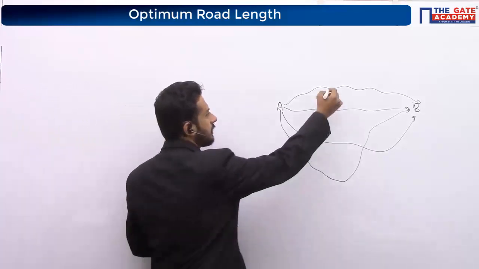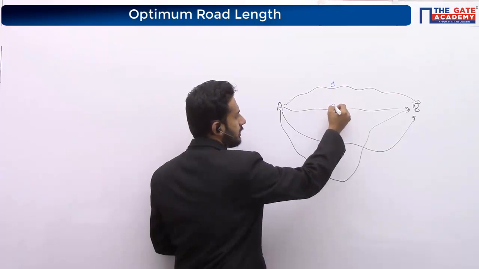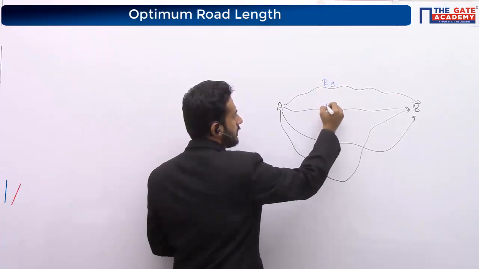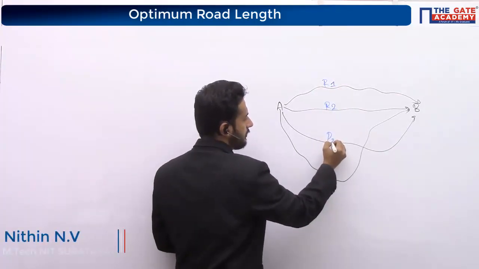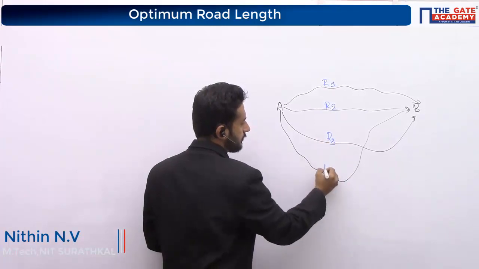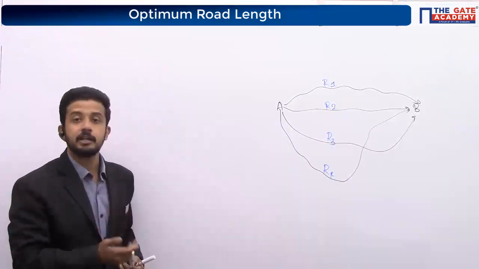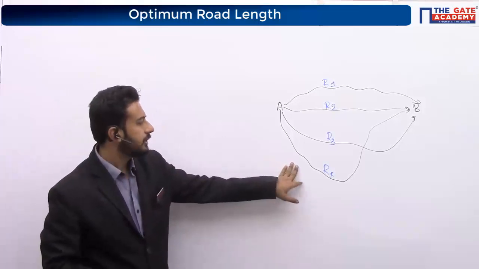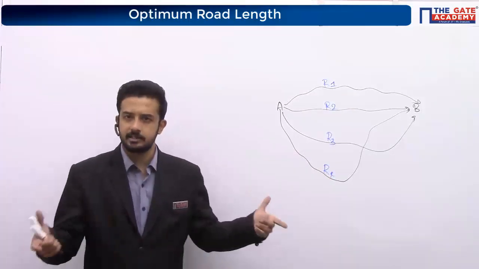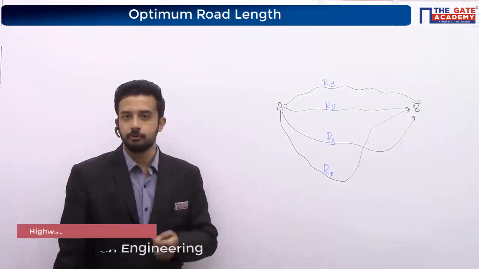I am calling these as road 1, road 2, road 3, road 4. So 4 roads are there having different length. Road 4 is having the highest length, na? The largest road length is for road 4.